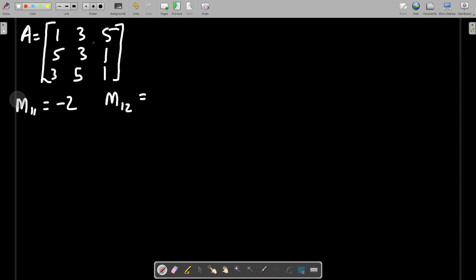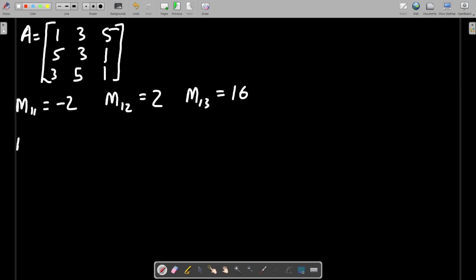Drop the first row, second column. So this will become 5 1. First row, third column. This will leave you with 25 minus 9. That is 16.